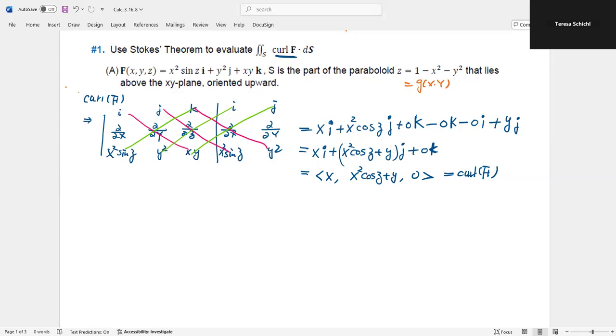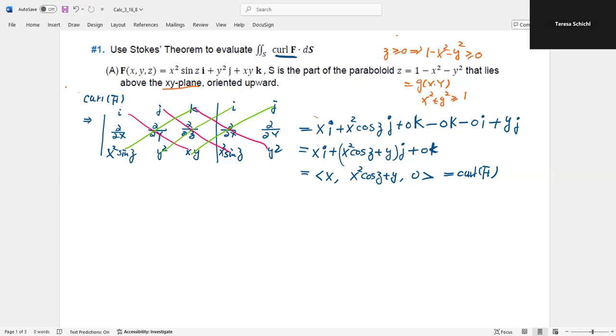All right, so then the g(x,y), because this is above the xy plane here, right? But so I know the z is greater than or equal to zero, right? So then I will have 1 minus x squared minus y squared, all right, greater than or equal to 0. So I can have x squared plus y squared less than or equal to 1.